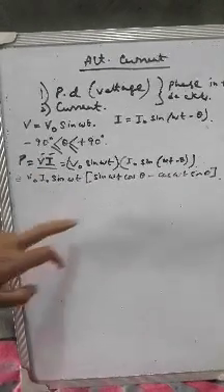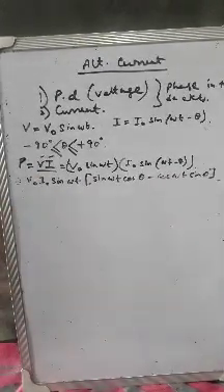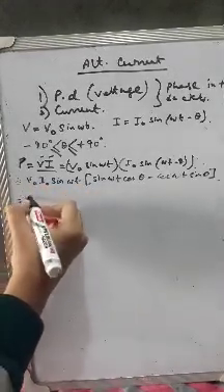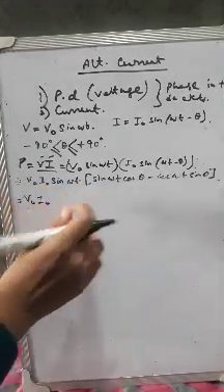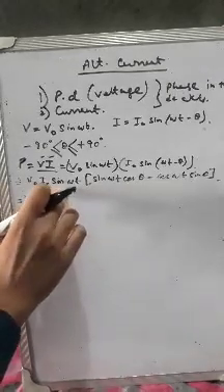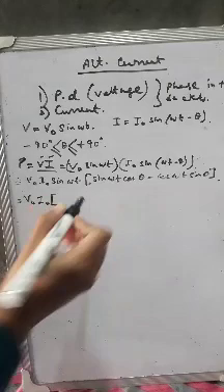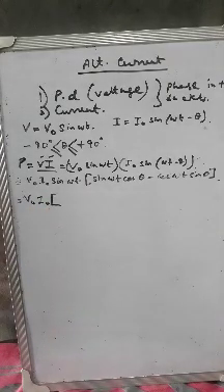After this, let's push this sine omega t within the bracket. So we have to multiply it.